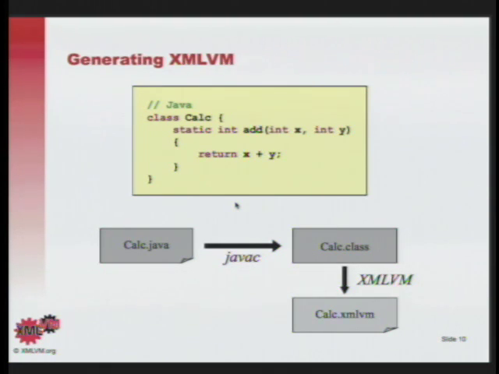To show you how this works, on this slide you see a very simple Java class called Calc. It has one static method called add. It just takes two integers, and all it does is simply return the sum, x plus y.